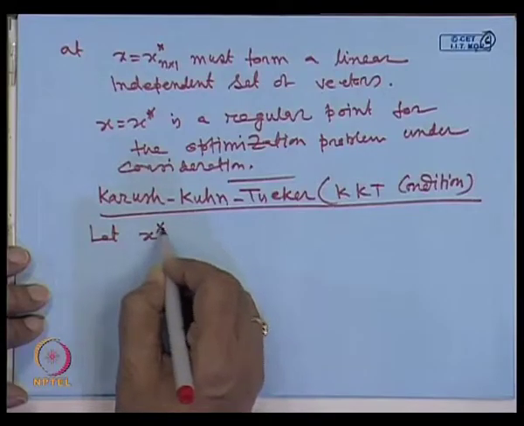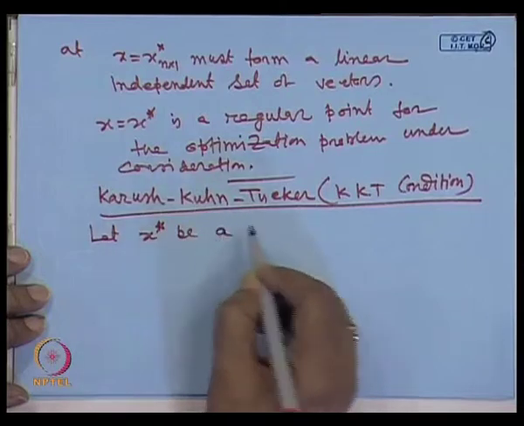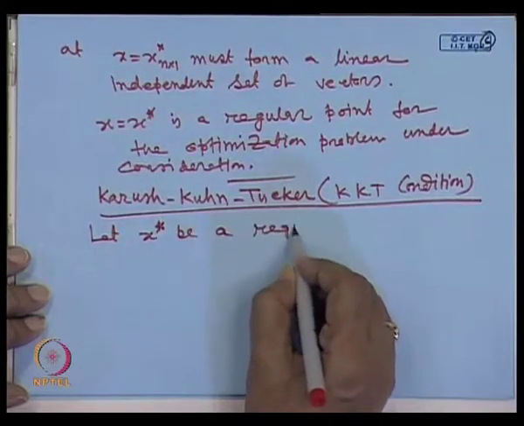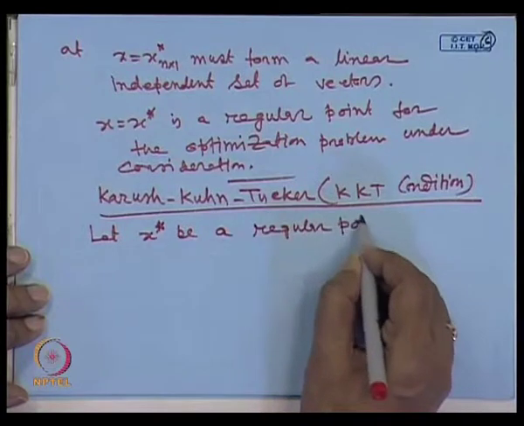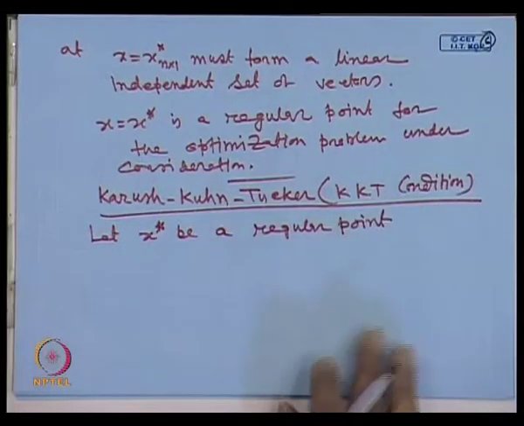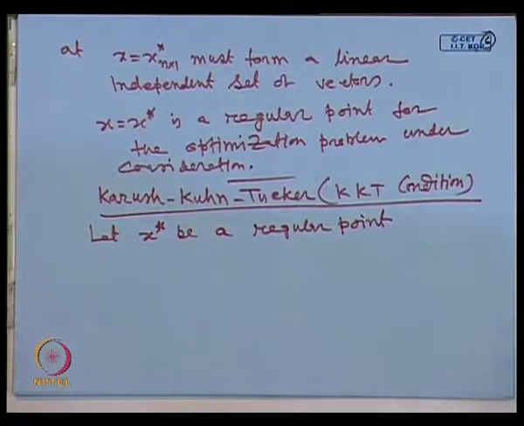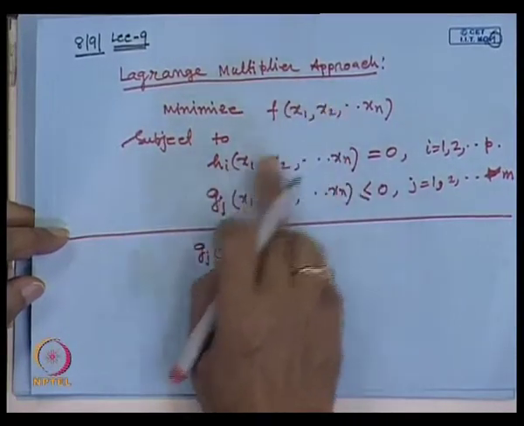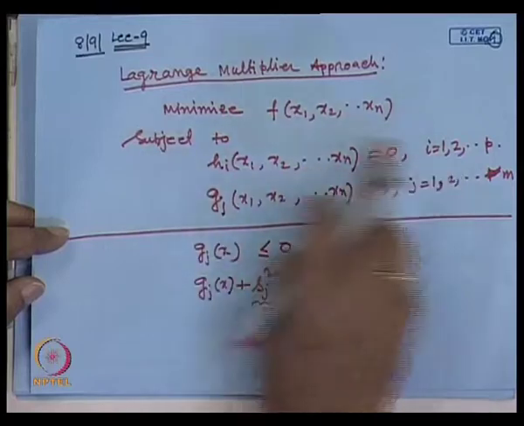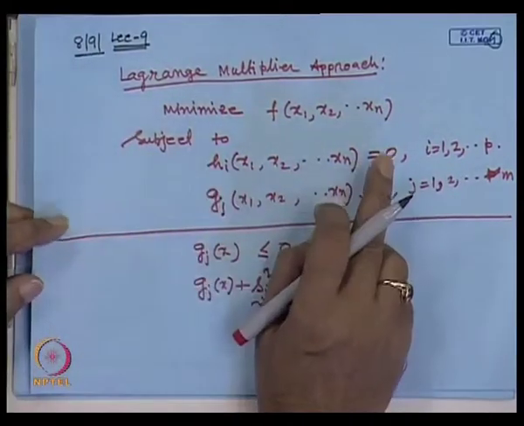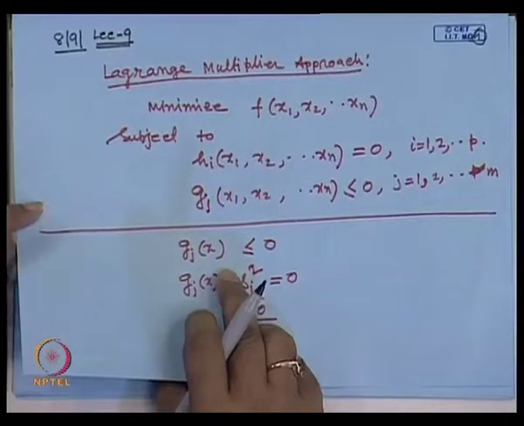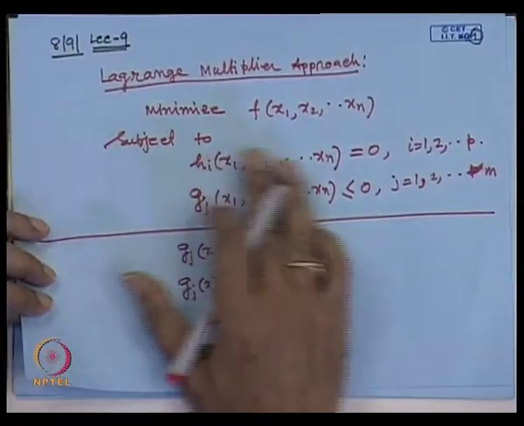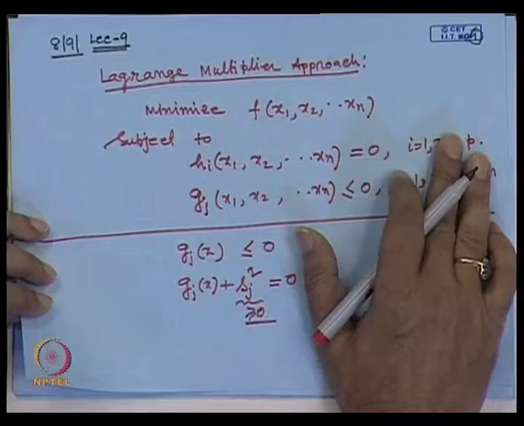So, let x star be a regular point. Now, regular point we understand. If you see the statement of the original problem here, for x equal to x star, this condition must be satisfied. You know how to find the stationary points. All regular points are stationary points, but not all stationary points are regular points.